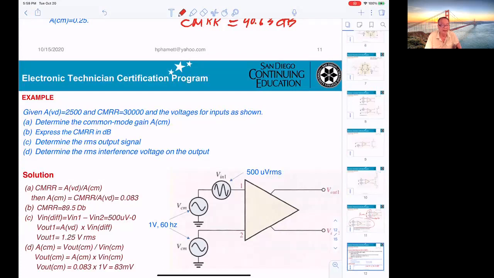So if you're looking at the output of this circuitry, you cannot see your signal, 500 microvolt RMS. Why? The reason is that it is a very, very small signal. They are buried inside 1 volt, 60 hertz. So no way you can see that 500 microvolt.